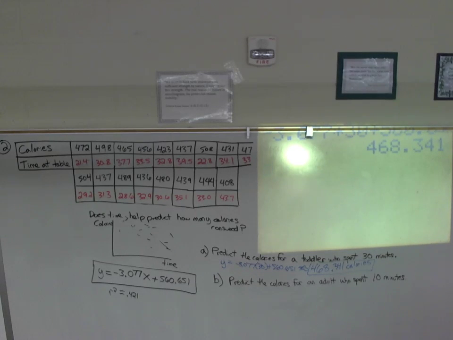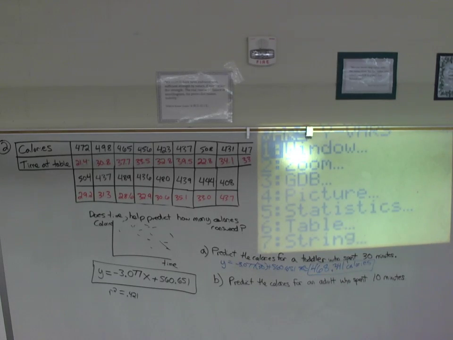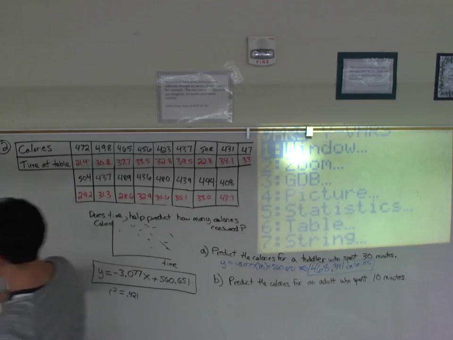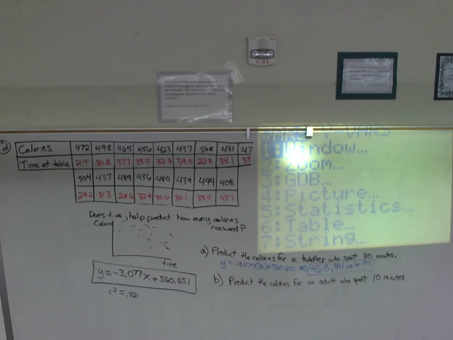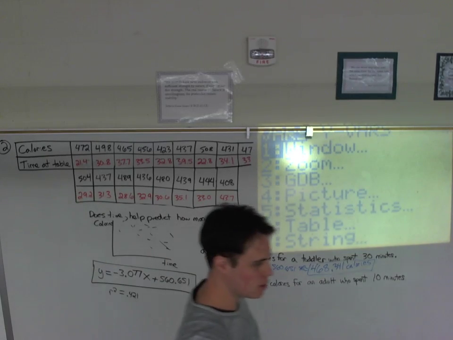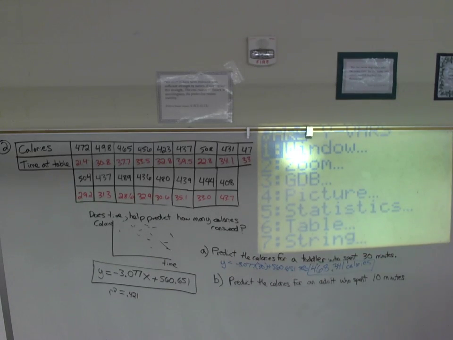Y1 is under variables. Hit vars. Vars is over here. You don't have to do it this way, but it sure is nice. So you hit vars, it brings you here. What are we working with again? Statistics stuff. Well, actually, I just want the function.